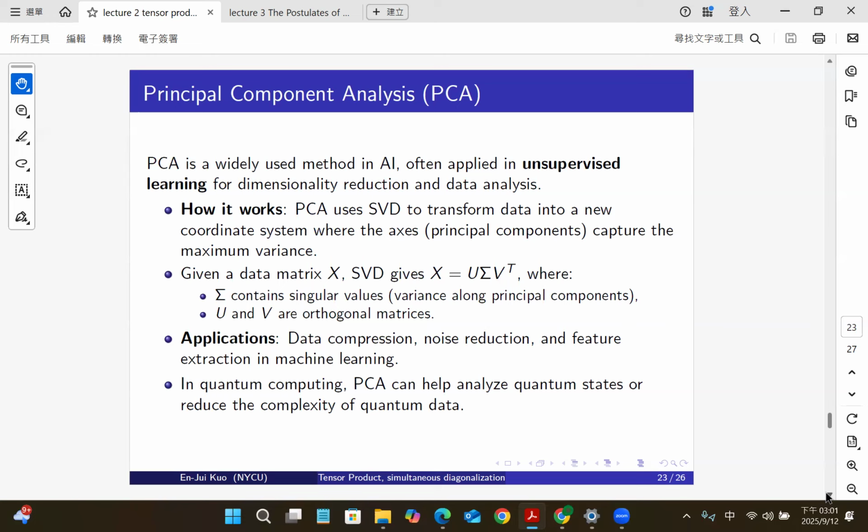What this algorithm does is you just take a data matrix X and do the singular value decomposition. So singular value decomposition is exactly the same as PCA. PCA is so famous, but PCA is just singular value decomposition. It's exactly the same thing.